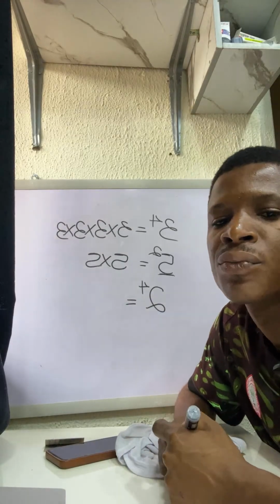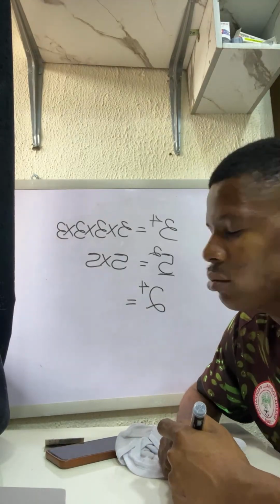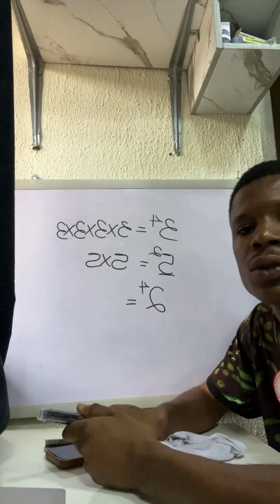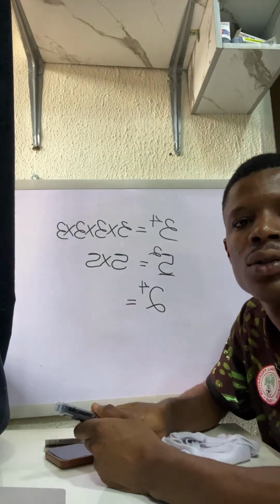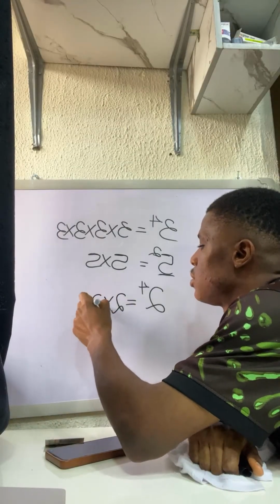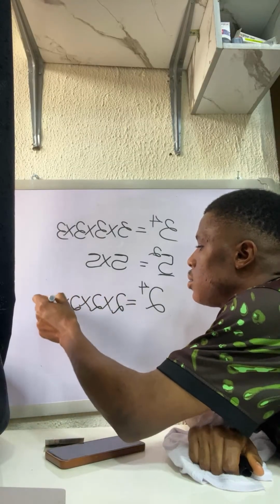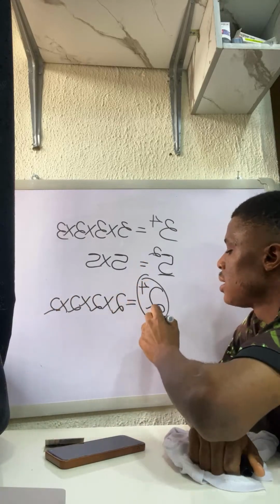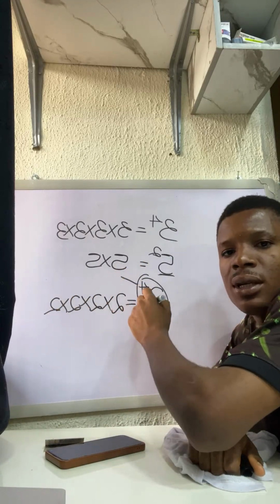Okay, so you see that when you have 2 to the power of 4, it is basically 2 times 2 times 2 times 2. In 2 to the power of 4, this is the base and this is the exponent.